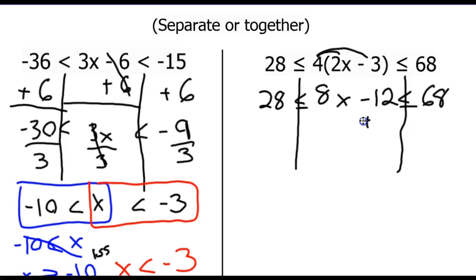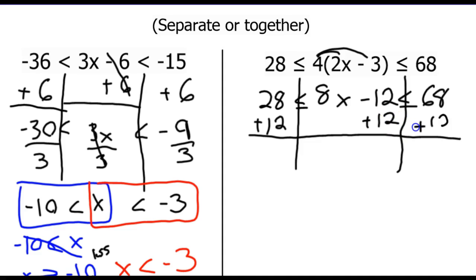Now here we're going to add 12 to everything. 28 plus 12 gives us 40, which is less than or equal to 8x, which is less than or equal to 80.